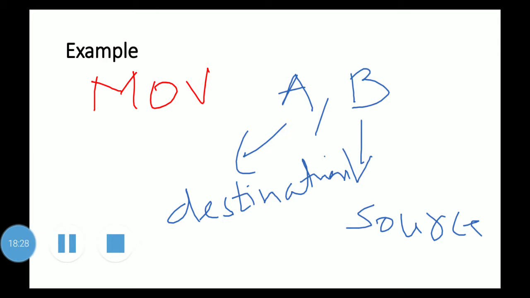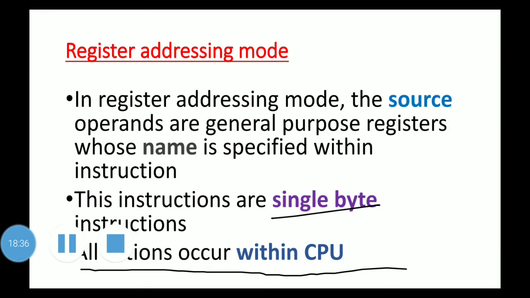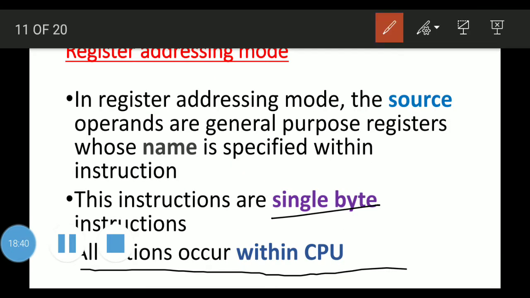Let us see back the explanation of what it says. In the explanation we found that the addressing mode has the source operands whose names are specified in a general purpose register, whose name is specified in the instruction. Okay, source. Now what was the source? If I write move A comma B, then what is my source?